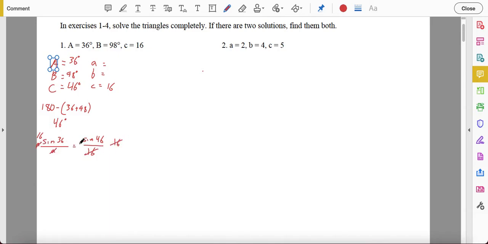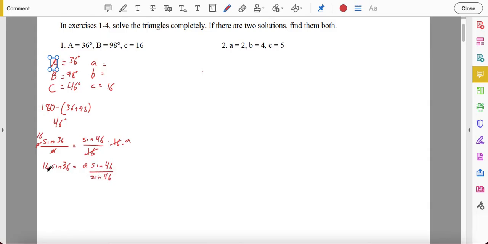When we multiply both sides by A, some people call this cross multiplying. Really, you're just multiplying by the denominator on each side. So we've got 16 sine 36 equals A times sine 46. Remember, sine 46 and sine 36 are numbers. Make sure our calculator's in degree mode when we enter this in the calculator.